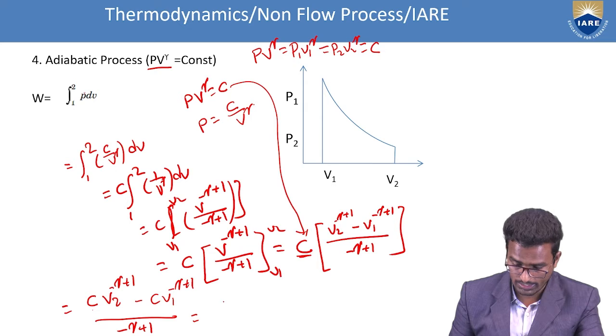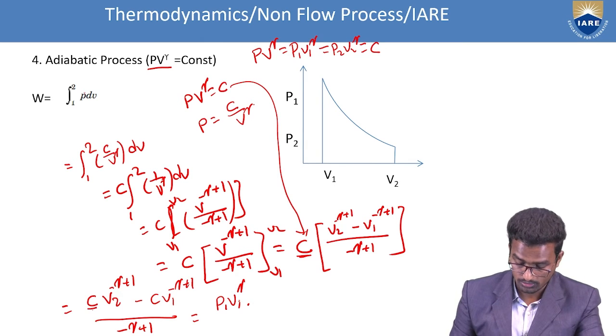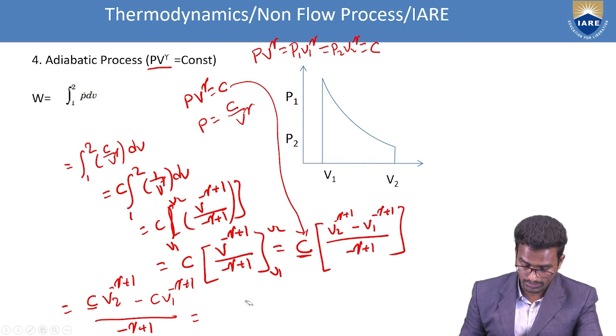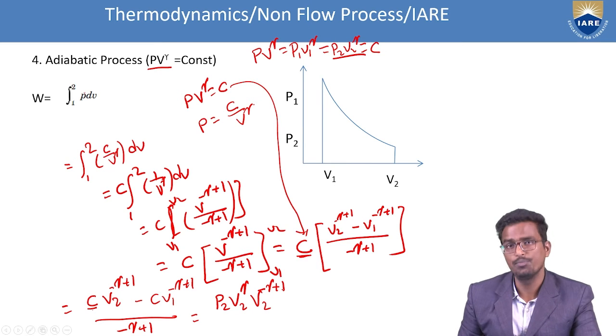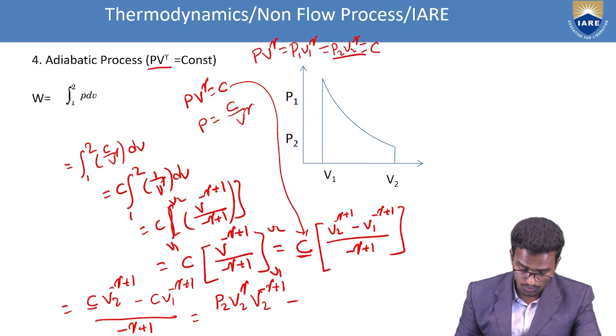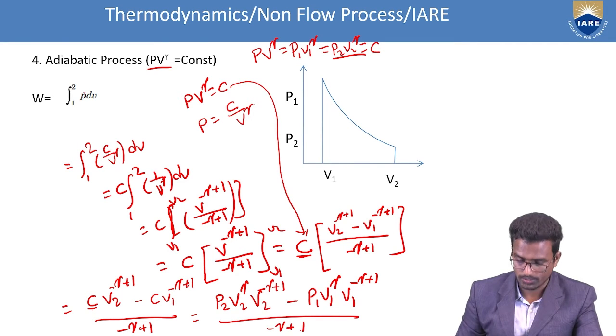It is P1 V1 power gamma for the first condition, and for the second condition substitute P2 V2 power gamma into V2 power of minus gamma plus 1, minus P1 V1 power gamma into V1 power of minus gamma plus 1, by minus gamma plus 1.